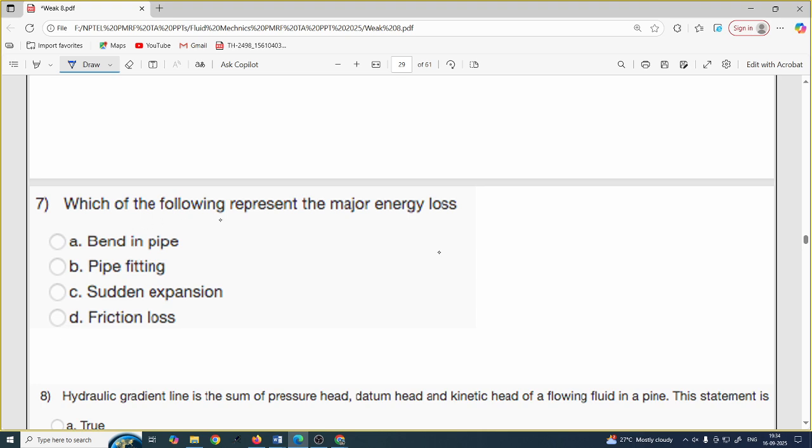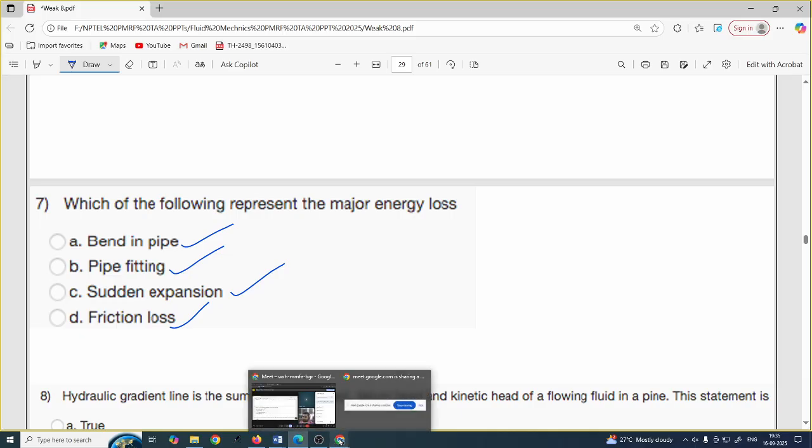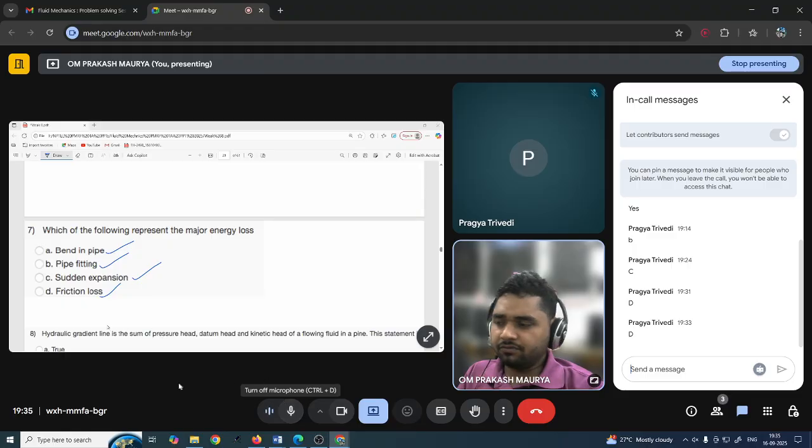Now question number 7. Which of the following represent the major energy losses? Bend in the pipe fitting, sudden expansion, or friction loss? Which option will be correct?